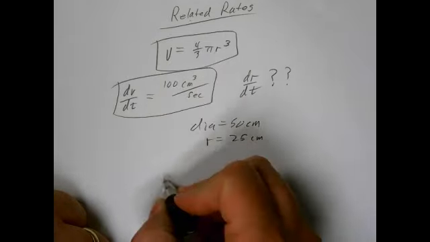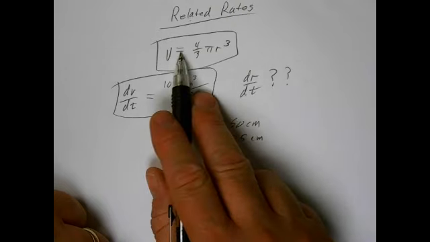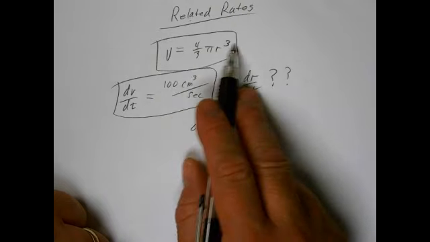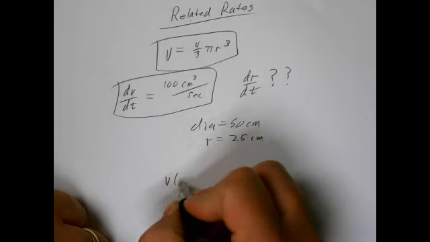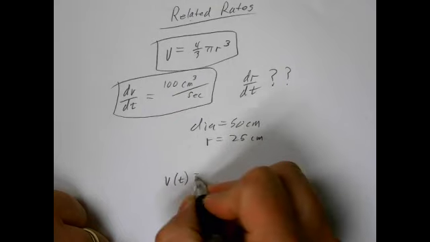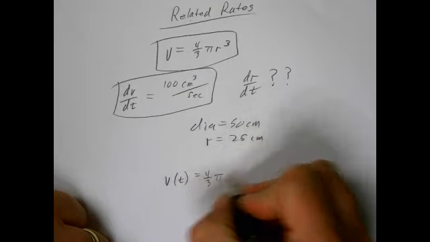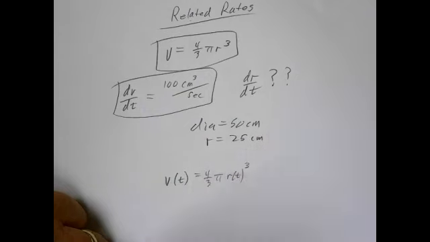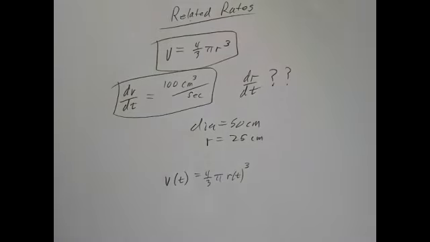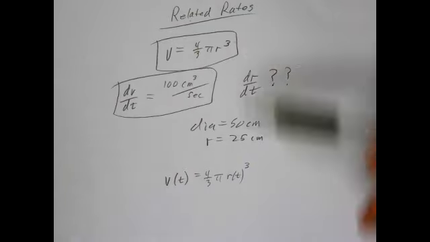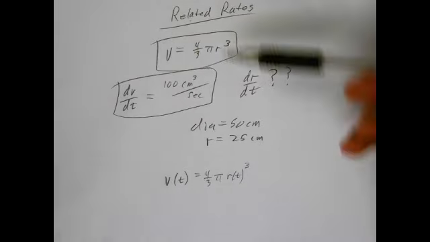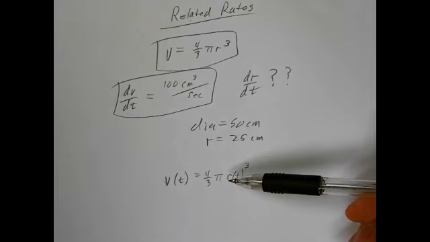So my equation goes from being V equals 4/3 pi r cubed to volume as a function of time equaling 4/3 pi times radius as a function of time cubed. Now you don't actually have to write it out like that, but at least in your head you should see that that's what's happening. This has gone from a static to a dynamic. Things have gone from sitting still to changing.